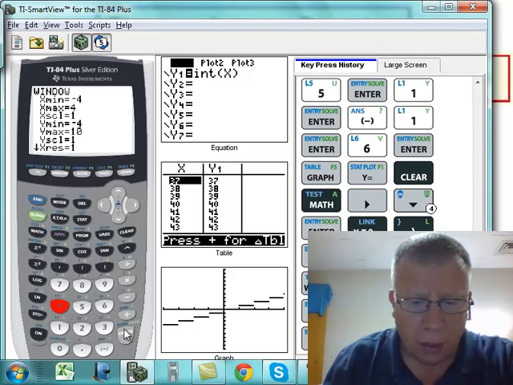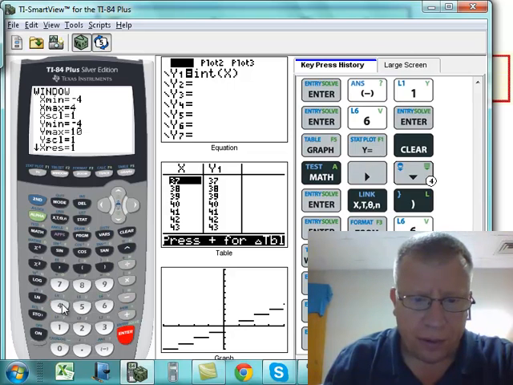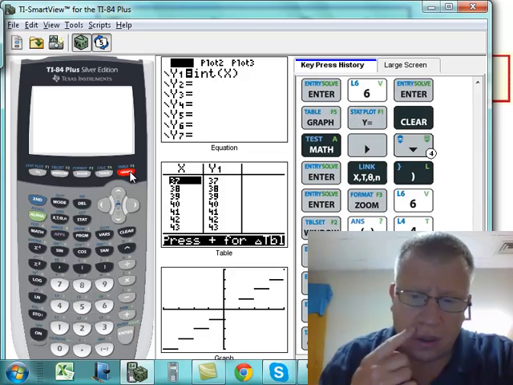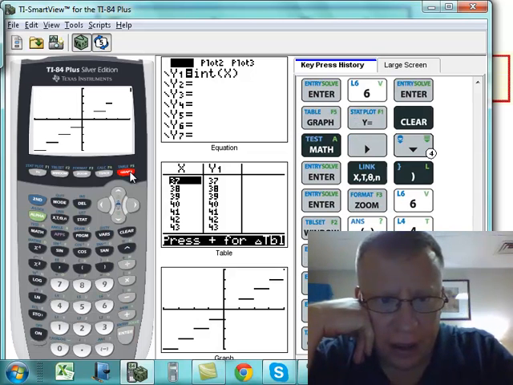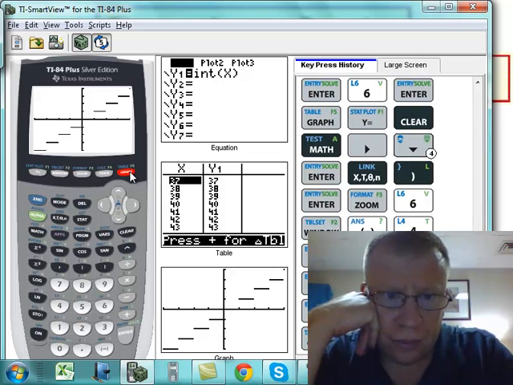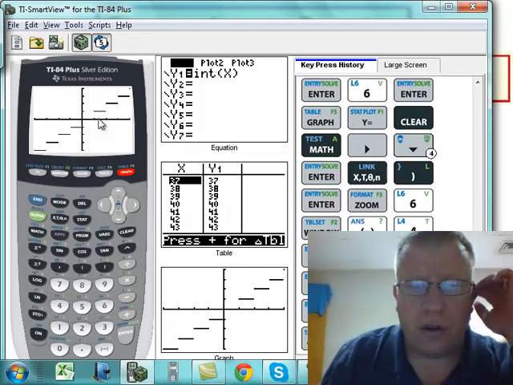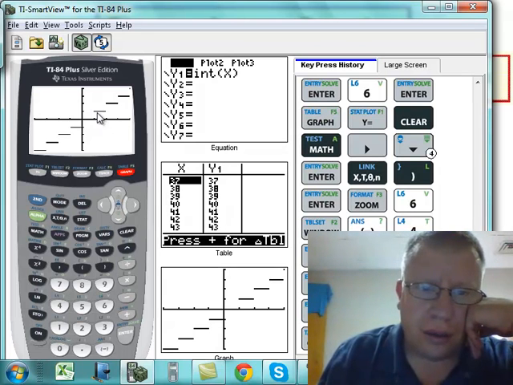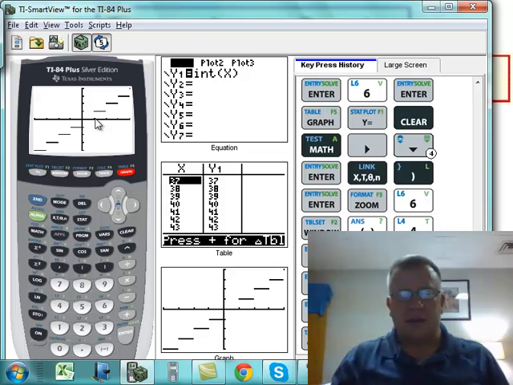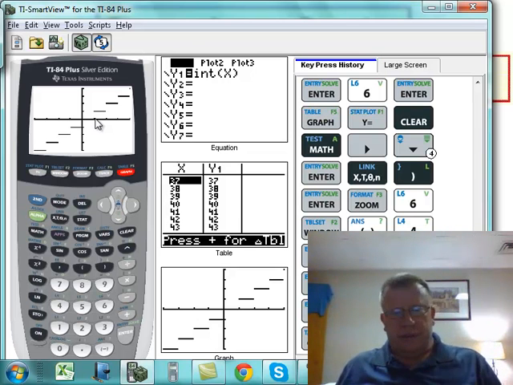Same thing for the y values from -4 to +4. So here's what the graph looks like. Of course, the graphing calculator is not going to show you the solid circle there and the empty circle there, for example, but you have to understand that for yourself.